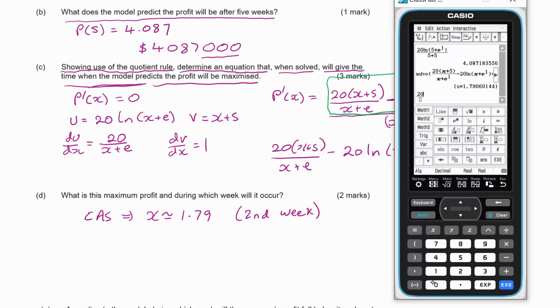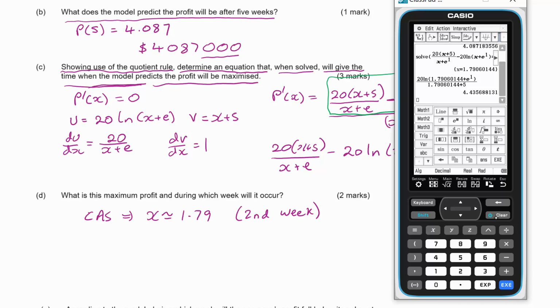I've got 20 natural log of that value of x plus e, divided by that same value of x plus 5.